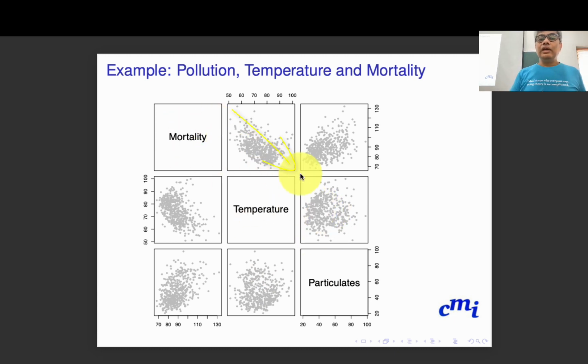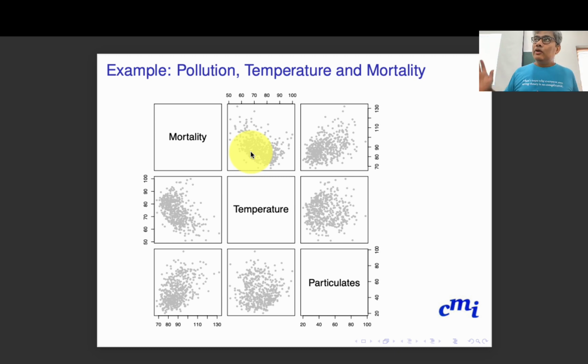Temperature and mortality are negatively correlated. This is known for ages, because particularly in winter, when temperature is low, the mortality rate goes up. Those who are vulnerable, like senior citizens or children who have a low immune level, often get sick, so in extreme cases people die.